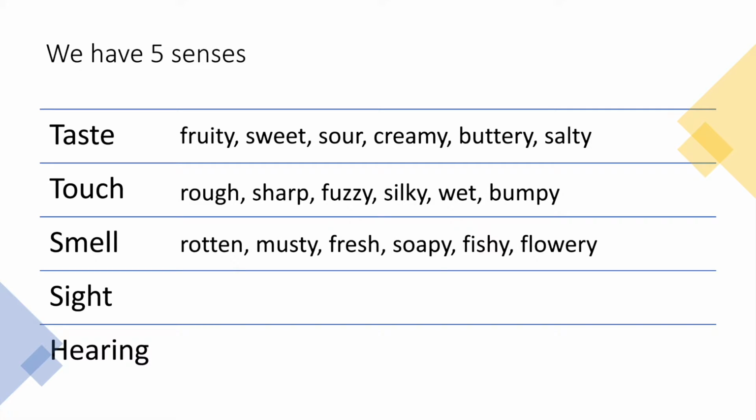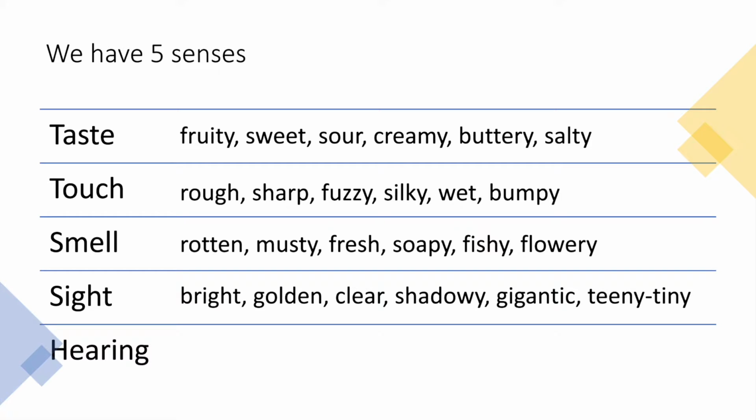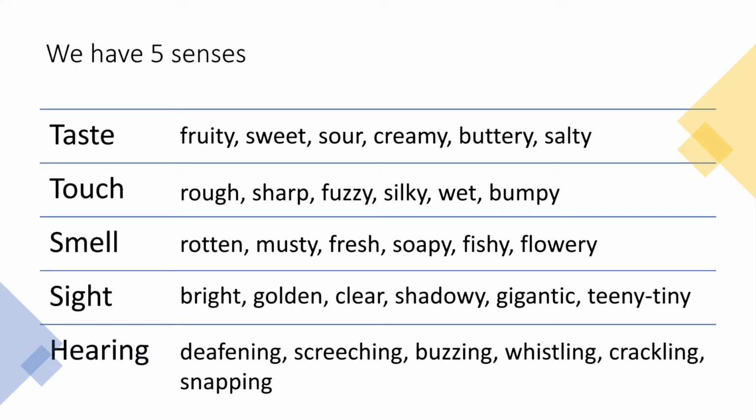Some words for smell might be rotten, musty, fresh, soapy, fishy, flowery. Sight, we might describe something as bright or golden, clear, shadowy, gigantic, teeny tiny. And some words we might use to describe a sound are deafening, screeching, buzzing, whistling, crackling, snapping.